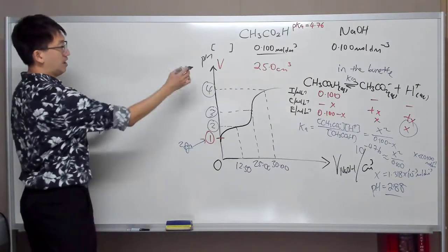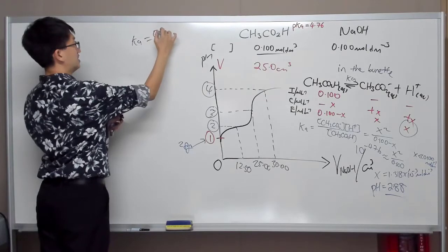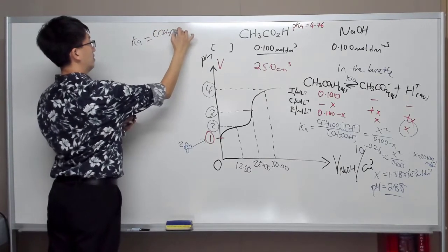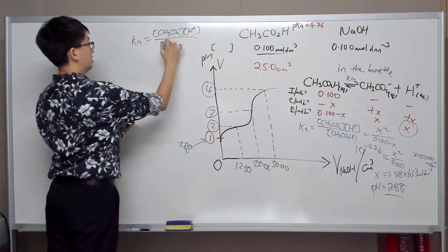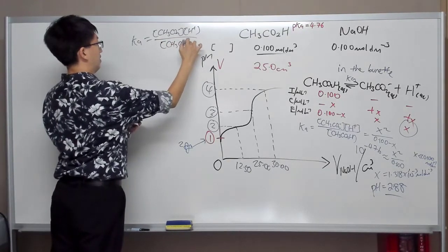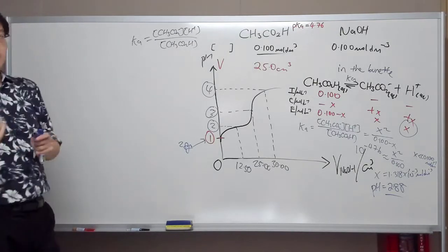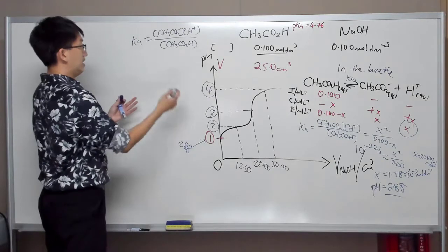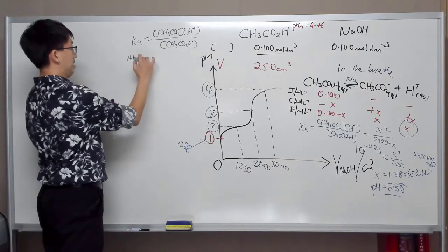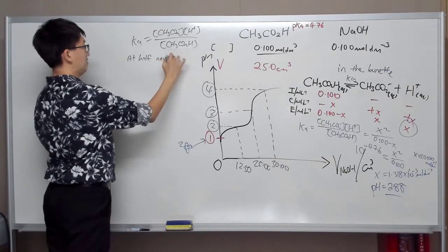Okay, so you know that Ka is actually equal to the equilibrium concentration of ethanoate, times the concentration of H plus, over the concentration of ethanoic acid. Okay, if half the amount of ethanoic acid reacted away, you can call it the half neutralization point or half equivalence point.